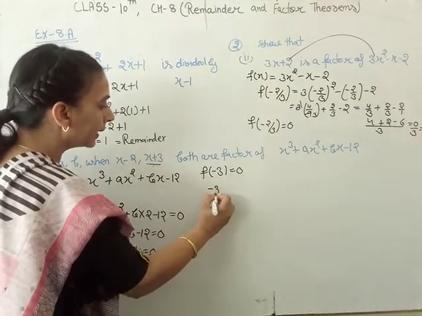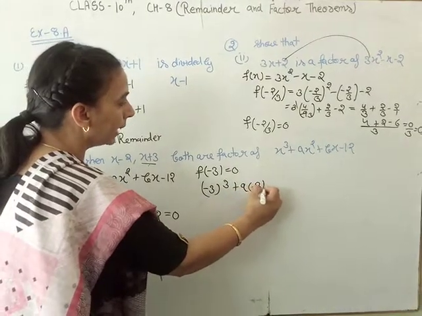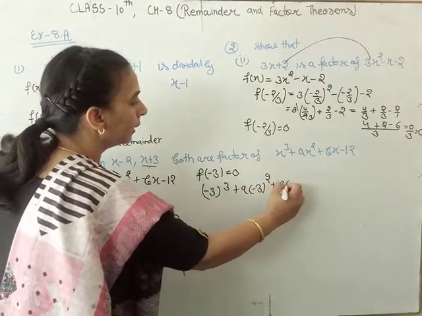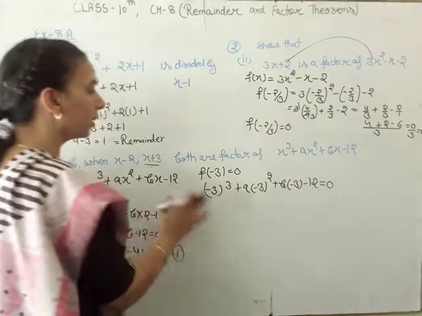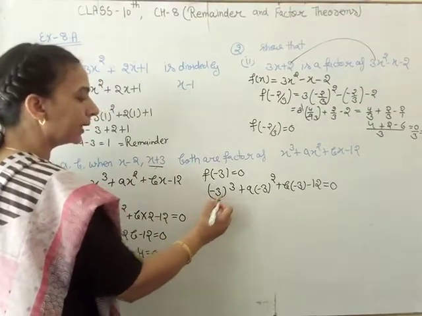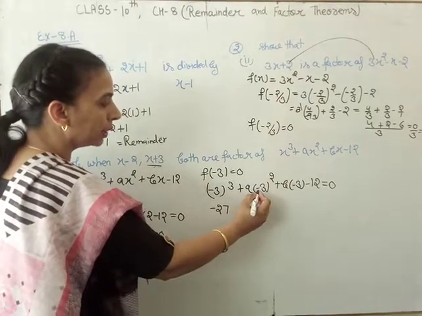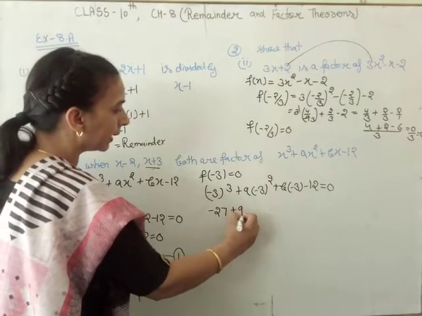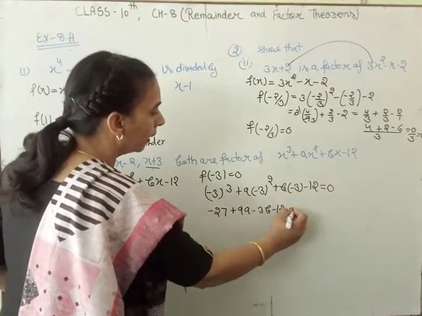Right, minus 3 raised to the power 3 plus a into minus 3 square plus b into minus 3 minus 12, and this equals 0 because x plus 3 is a factor. Then minus 3 raised to the power 3 is minus 27, minus square is plus, then plus 9a minus 3b minus 12 equal to 0.